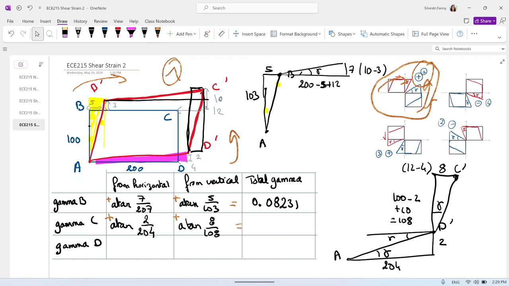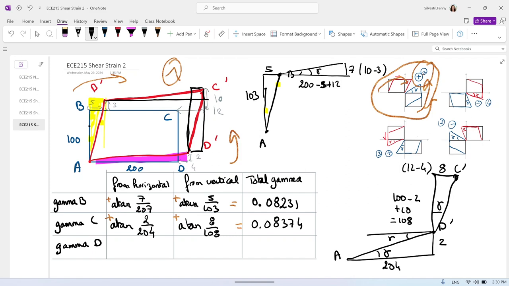Let me plug in those numbers. For the first one, 2 and 204. Second one is 8 and 108. So first answer, it's 0.00980 plus 0.07394, and that gives us a final total of 0.08374.